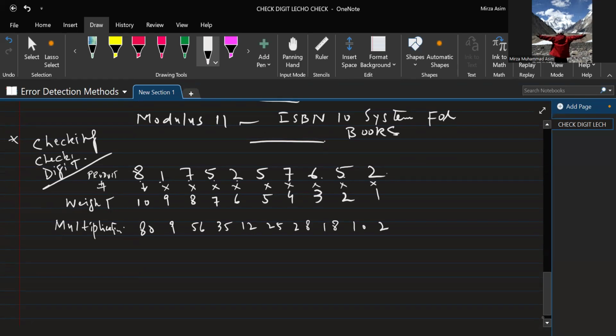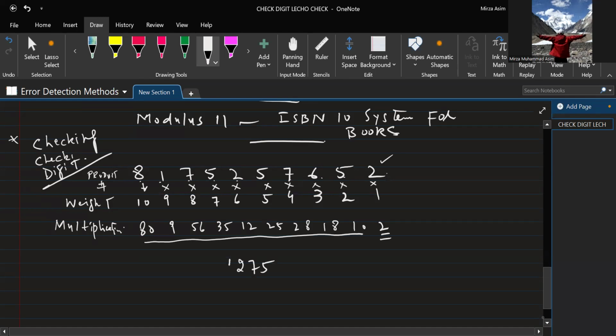Now 273 was the earlier total before the check digit. Now it's 273 plus this check digit, because in the first case it was not included. So we have 275, right? So let's divide that number by 11.